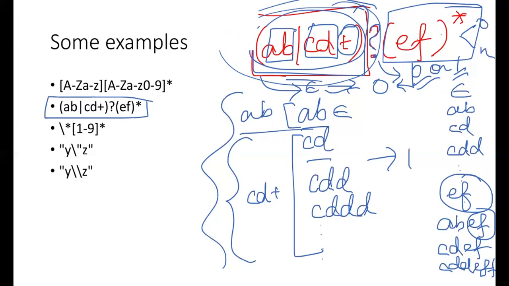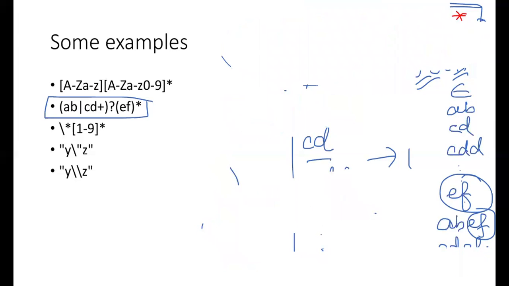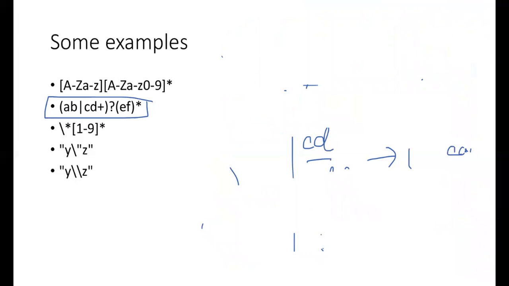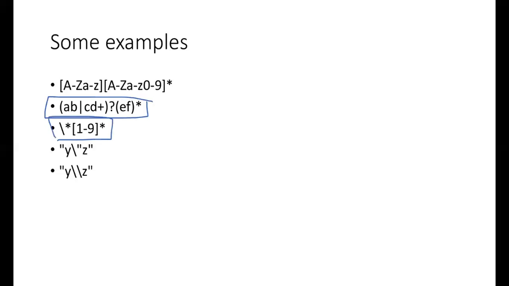Let me again just clear this so that we can write the next one. So for the next expression, you can have this backslash star, then 1 to 9 star.